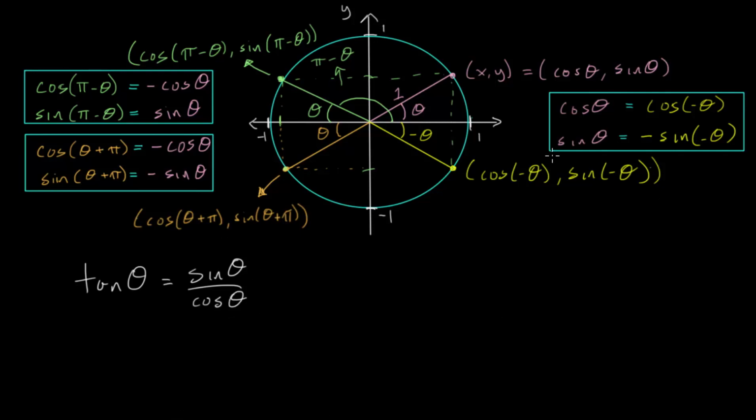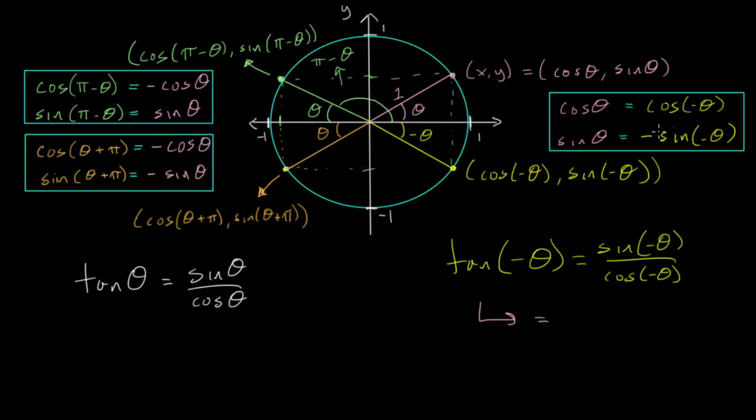Let's start with this relationship here where we have the tangent of the opposite of the angle, and this would just be equal to the sine of negative theta divided by the cosine of negative theta. But we know that the sine of negative theta is just equal to the opposite of the sine of theta.